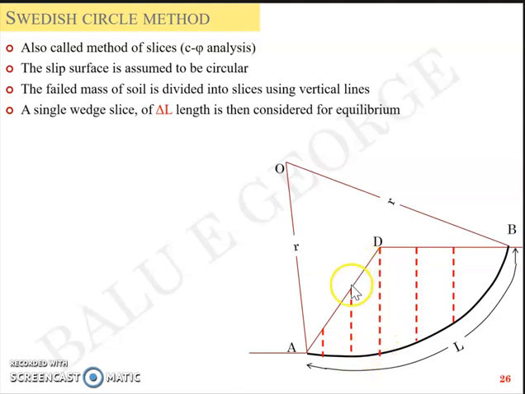Let's assume I'm taking this slice out of the wedge or the soil mass and analyzing it for its equilibrium, which means I'm trying to analyze the forces which are acting on that slice, and I'm trying to get a factor of safety based on that single element. I have a single element here, which is a slice of ADB.